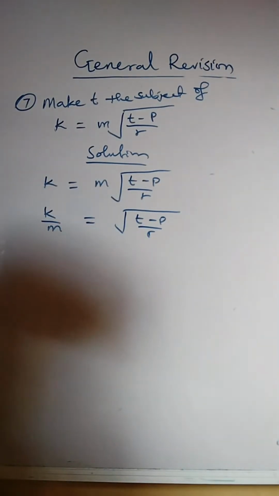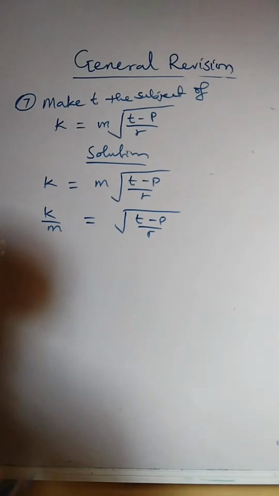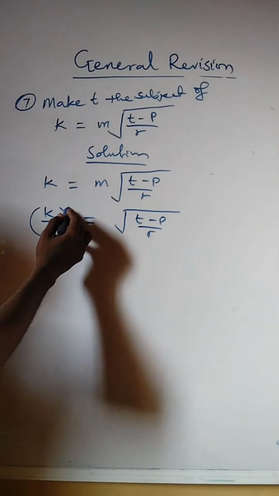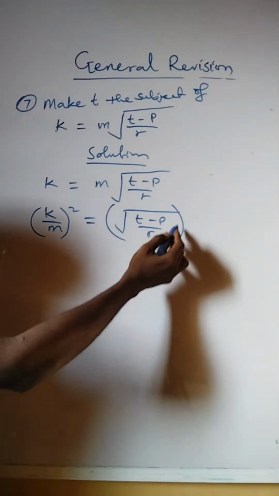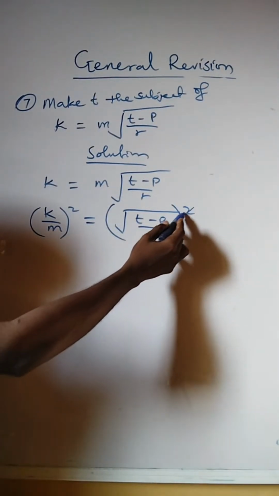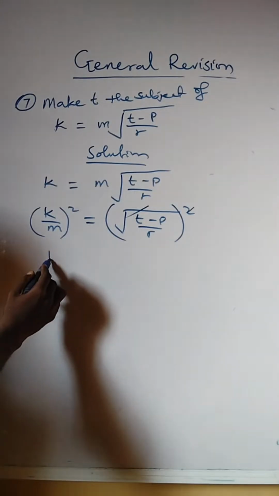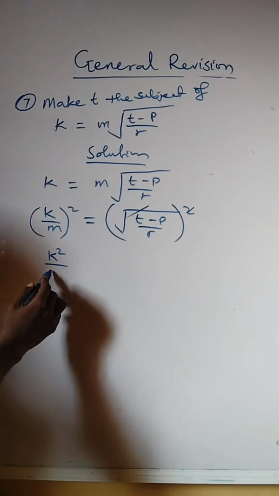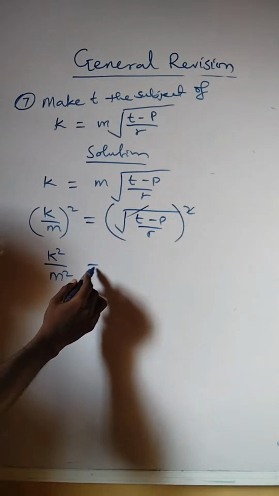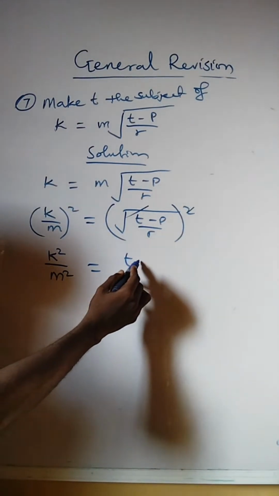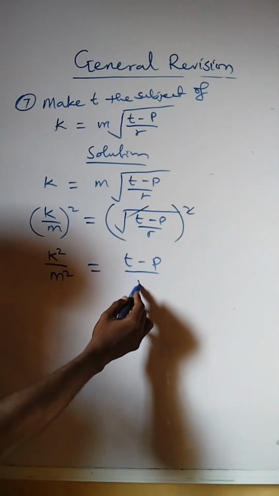The next step is to take the square on both sides. We square this side, also we square this side. Here, the square cancels the square root, and here, this square affects K and M. And we have K square over M square equals, here, we are left with T minus P over R.